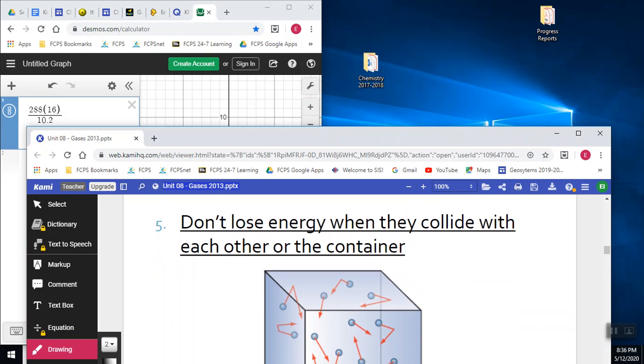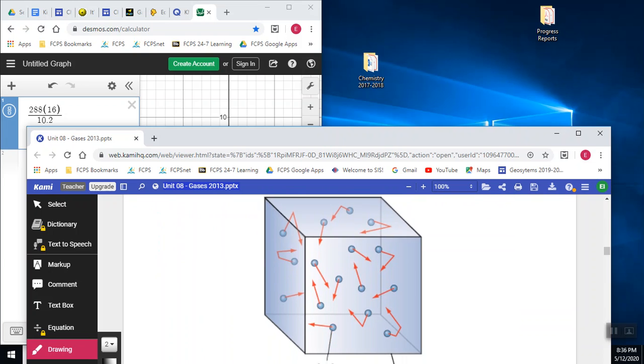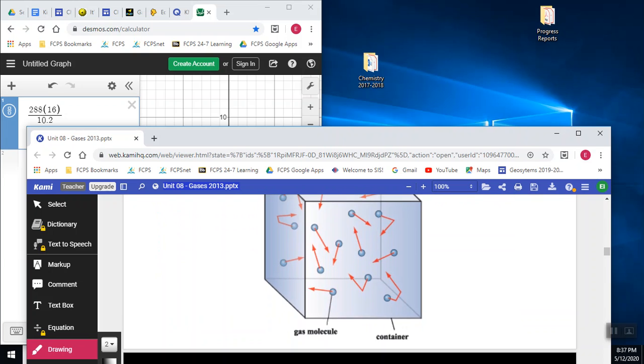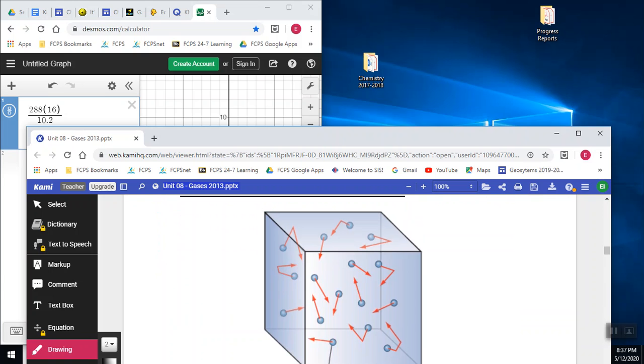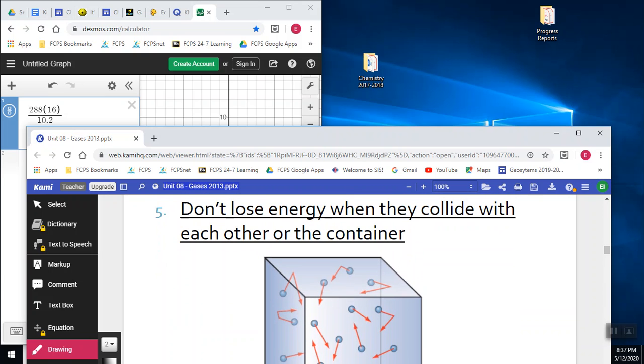Number five, in kinetic molecular theory, they don't lose energy when they collide with each other. Here's a drawing of that. They hit the container and just bounce right off.